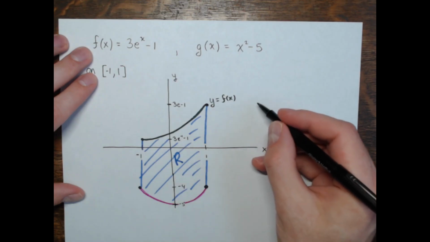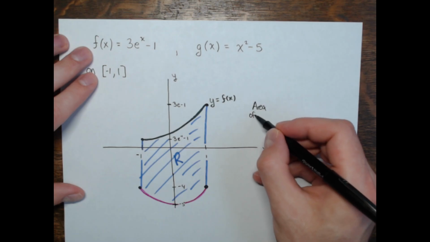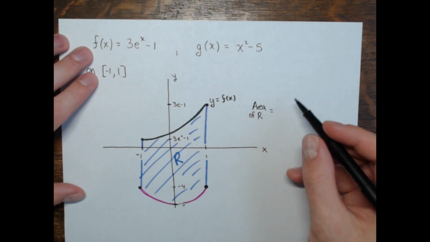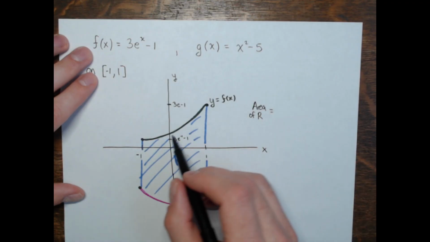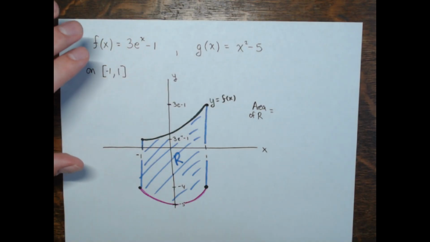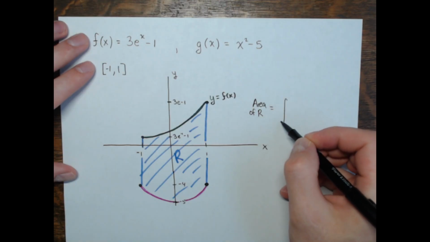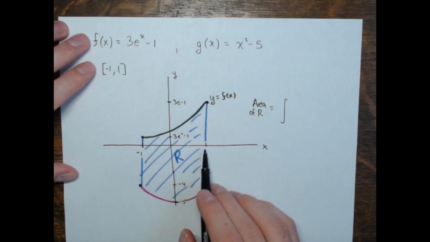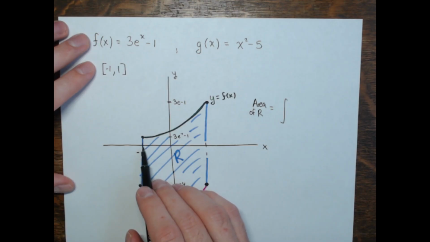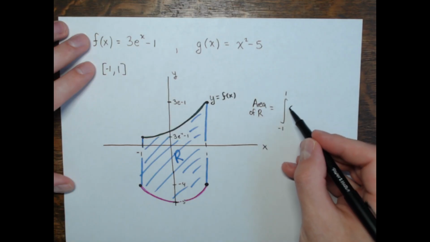So remember, with respect to x here, the area of this region is simply going to be, because there's no point where they cross each other that I have to worry about setting up a separate integral, and we'll get to problems like that later, the integral, right? We're going to be adding up the areas of little thin rectangles, imagine, from x equals negative 1 to x equals 1.